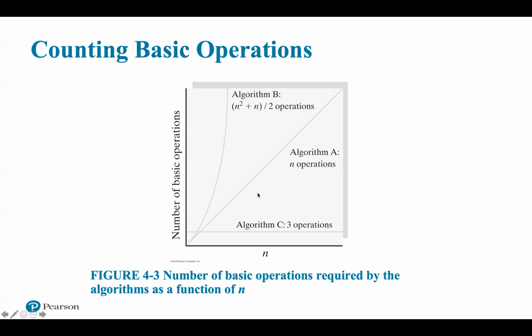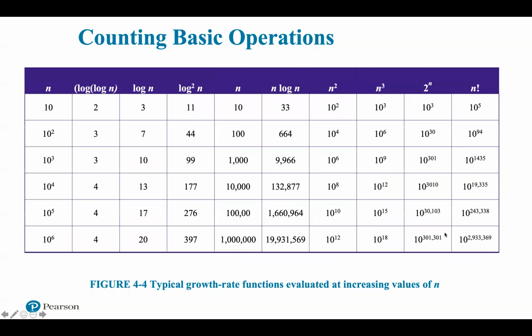And you can see how algorithm C is going to perform a lot faster than these other ones. And so it makes sense that that probably would be a good approach for us to look at. And here's another counting of basic operations, a comparison as the number grows larger and larger. You can see that these numbers get quite huge depending on the type of operation you're accomplishing.